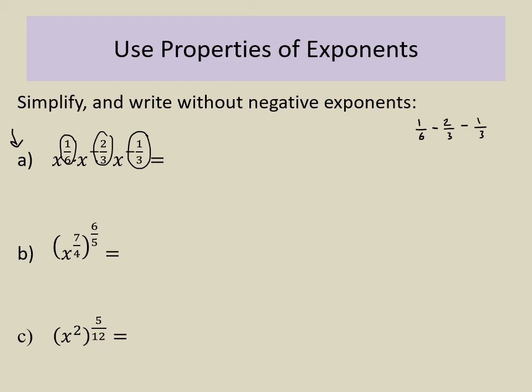Once again, we can get the common denominator, which is going to be 6. The first fraction doesn't have to change. What about the second one? Needs to be multiplied by 2, top and bottom, so it's 4 over 6. Third one times 2 top and bottom, so it's 2 over 6. So what do we get here? We get 1 minus 4 minus 2, so that would be -5/6.